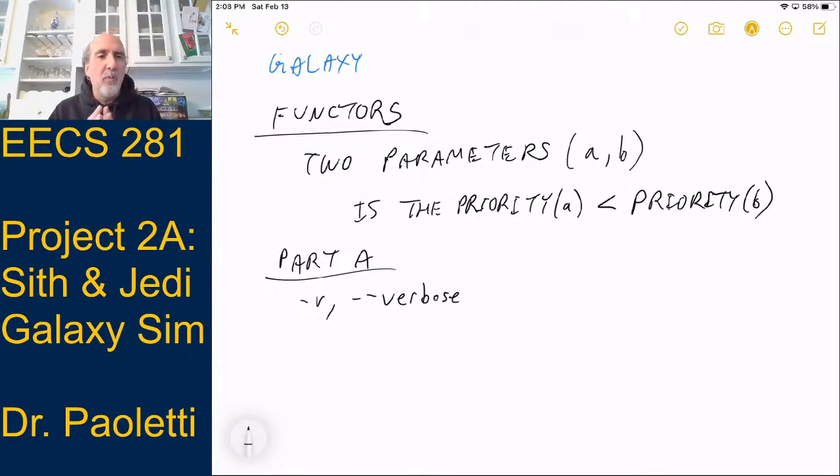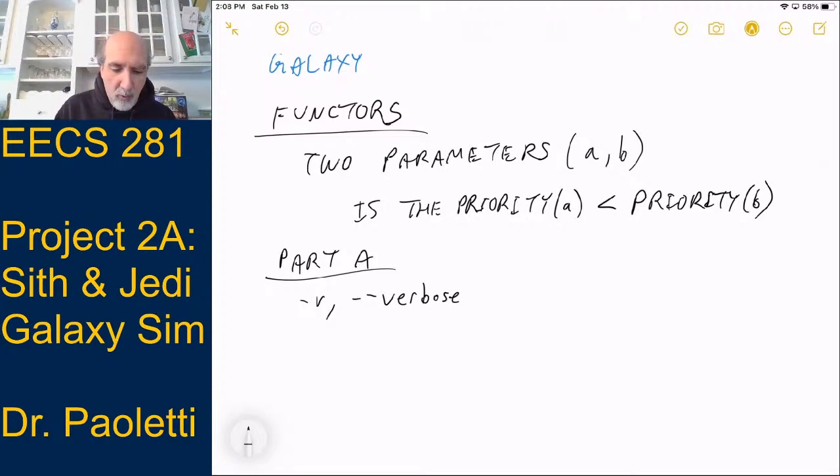Okay, so now when we start doing the simulation, we've got to match the highest force Sith with the lowest force Jedi. Think of it this way: the Sith are kind of cowards. They only want to fight when the odds are overwhelmingly in their favor.